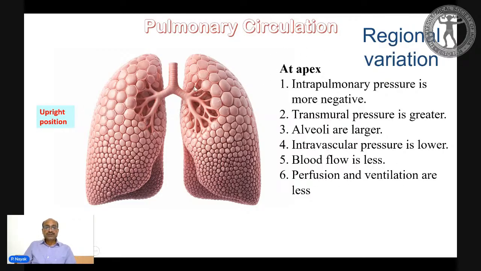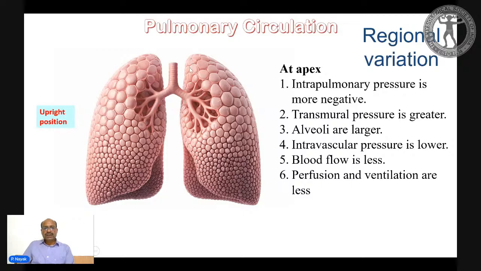This is the regional variation shown in the lungs in upright position, upright standing, erect posture, because there is no supporting structure. If you remember, there is pleura, so within two pleural layers with pleural fluid, the lung is hanging. Only structural support is this part.